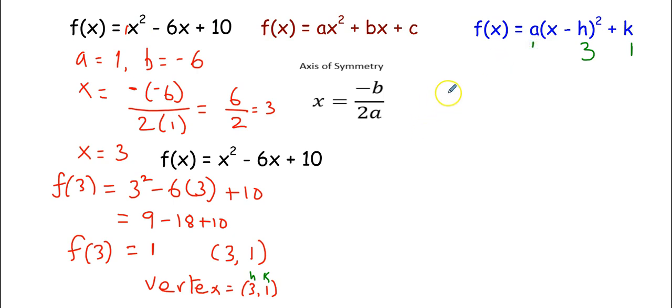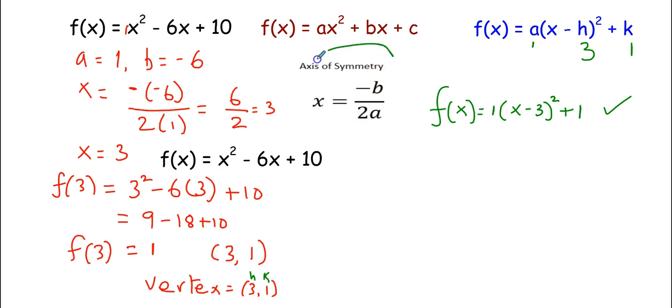So my function f of x is converted into vertex form by replacing a with 1, then x minus h, that is 3, whole square plus k, which is 1. So from standard to the vertex form we changed it. That's the shortcut, easier way.